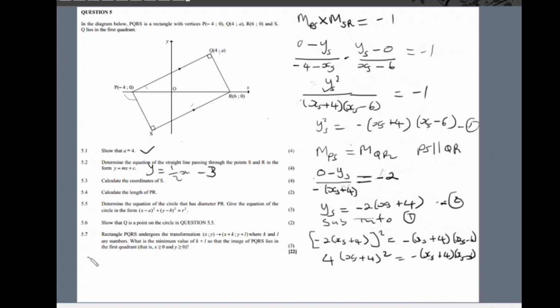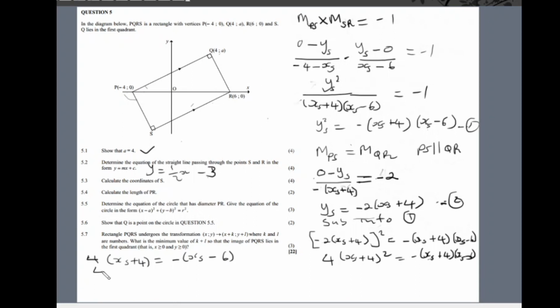I'll continue this side because of space. If I divide by xs plus 4, on the left hand side I'll have 4 times xs plus 4, and on the right hand side I'll have minus xs minus 6.